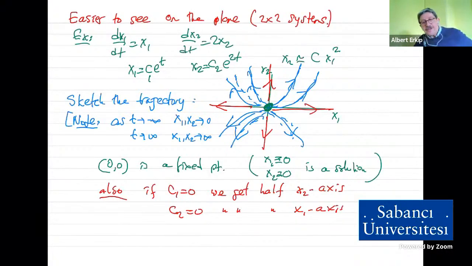Now, these trajectories don't intersect because their intersection point would be 0, but 0 is not. So a single trajectory is either this or something like this or something like this. You see, I'm making a hole so that there's a point there.